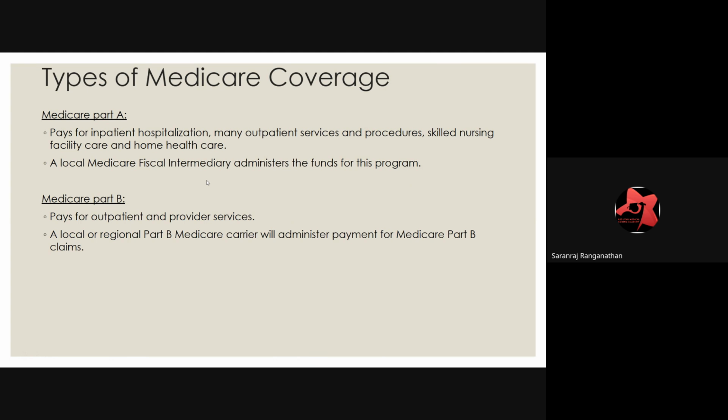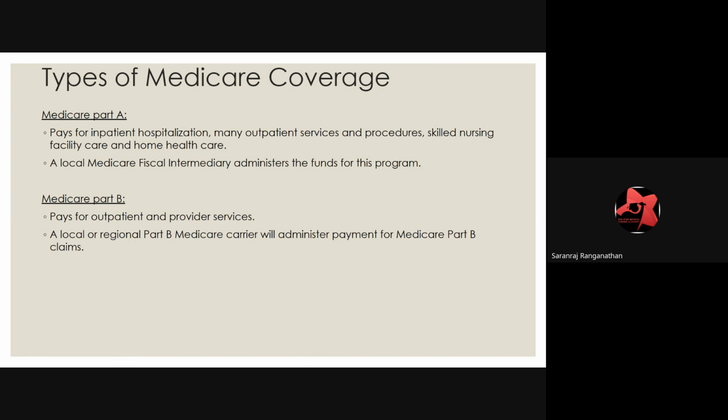Then types of Medicare coverage. So Medicare, different types will be there. Medicare Part A pays inpatient hospitalization, many outpatient services and procedures, skilled nursing facility care, and home health care.